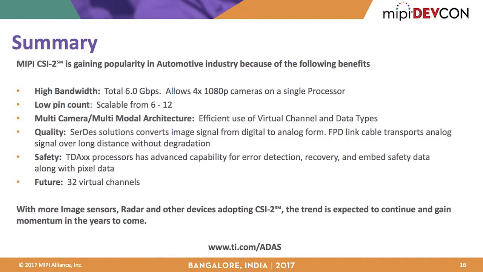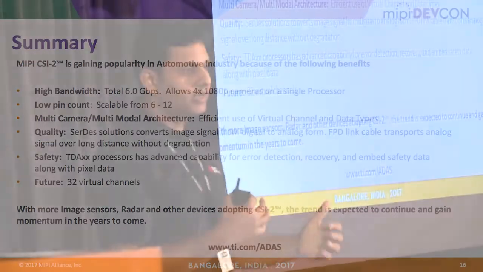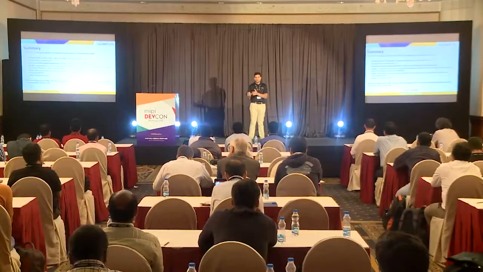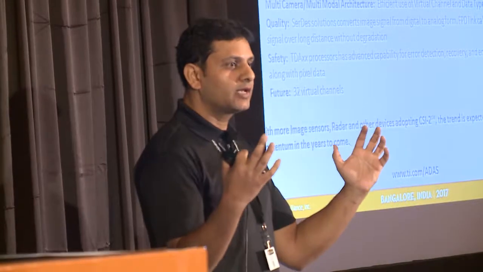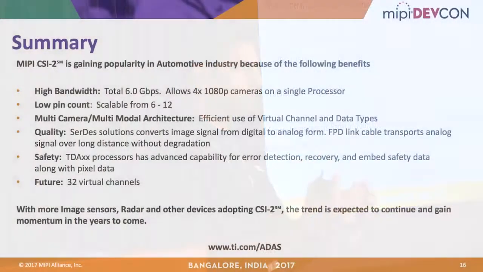The major reasons are the ability to carry high bandwidth, low pin count, the ability to have multi-camera architectures without any design change, high quality, both image quality and the quality of reliability and data safety, and the ability to send pixel data, radar data, as well as ancillary data over the same link, which can be used by the GPU or the application processor to increase the safety level of the system.